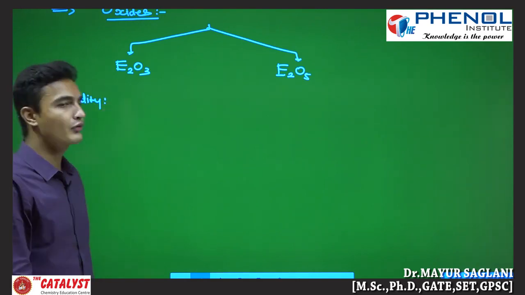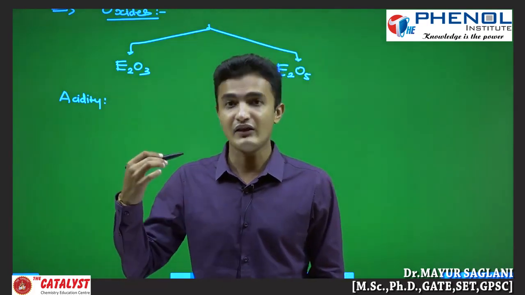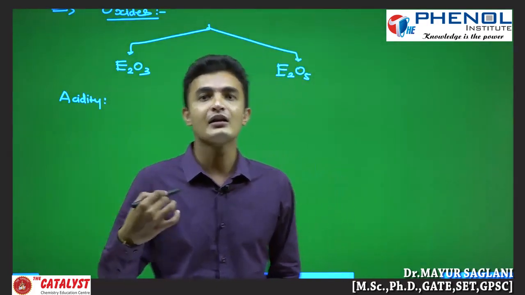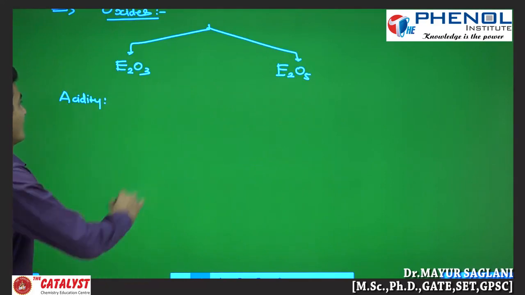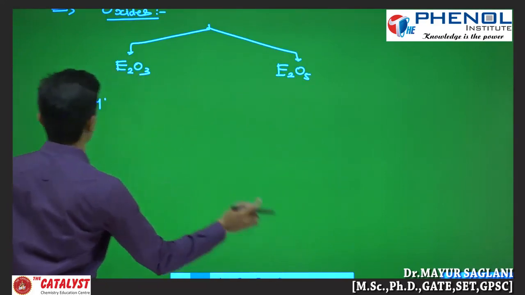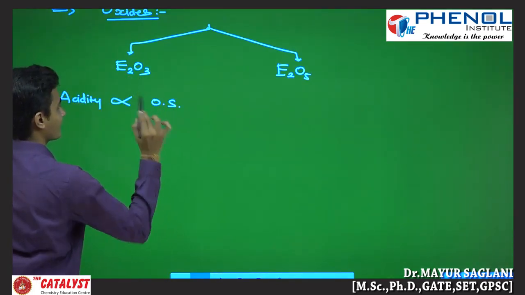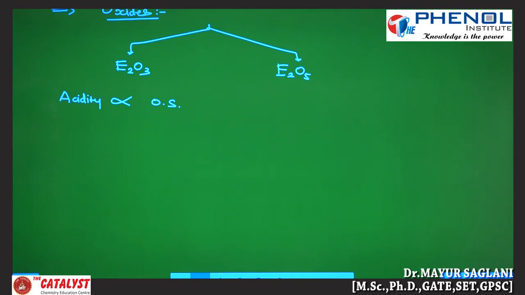Because those are non-metallic oxides, they are acidic in nature, and if it is a metallic oxide, then it is basic in nature. Fine. So acidity is proportional to oxidation state.